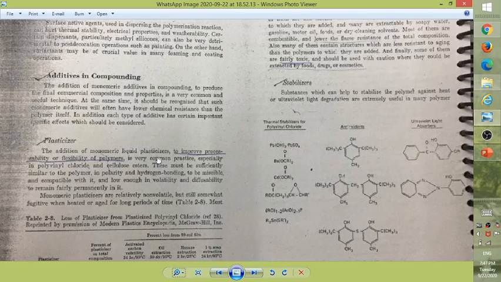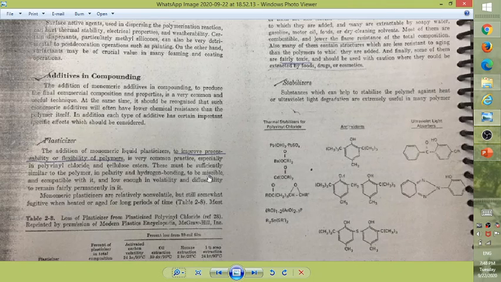The addition of monomeric liquid plasticizer to improve processability or flexibility of polymer is a very common practice, especially in polyvinyl chloride and cellulose ester. These must be sufficiently similar to the polymer in polarity and hydrogen bonding to be miscible and compatible with it, and low enough in volatility and diffusibility to remain fairly permanently in it.